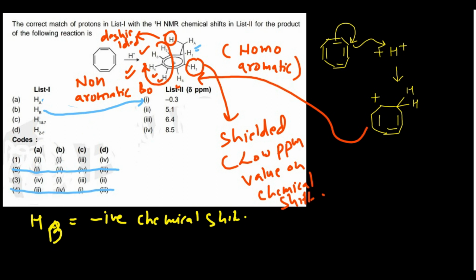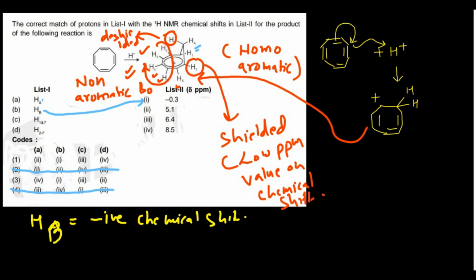But I already told you these two protons, H7 and H2, will have the upfield chemical shift. And these protons which are in the de-shielded region have the higher chemical shift.